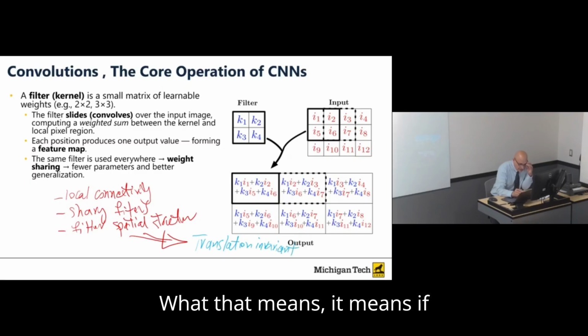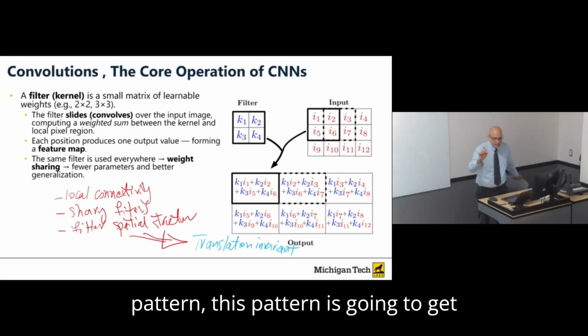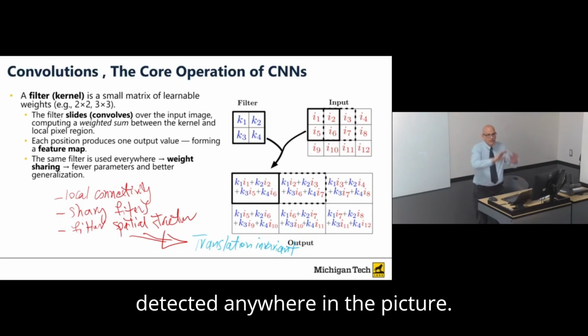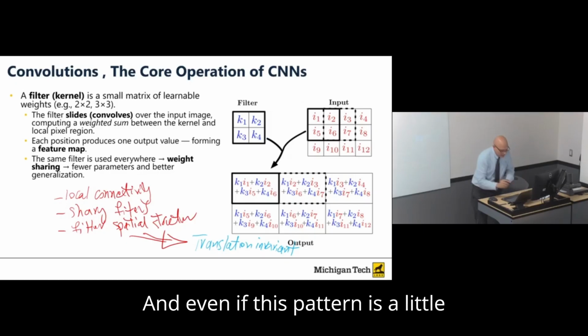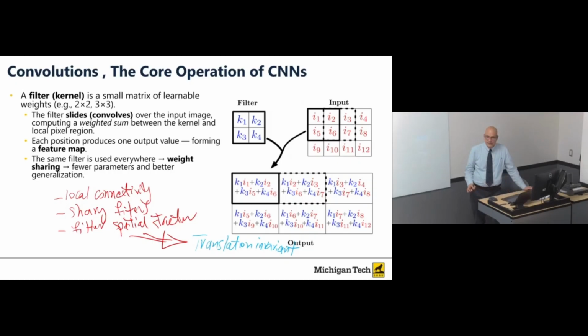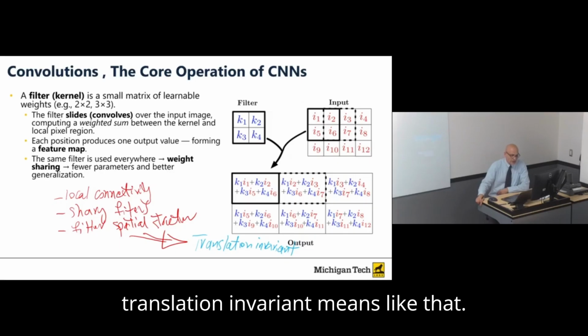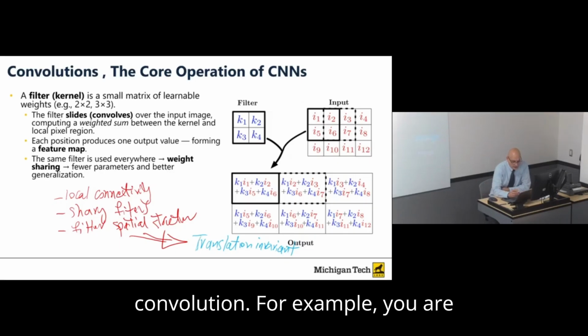What that means is if there is a pattern, this pattern is going to get detected anywhere in the picture. And even if this pattern is a little noisy, it still can get detected. This is what translation invariant means, and it happens because of convolution.